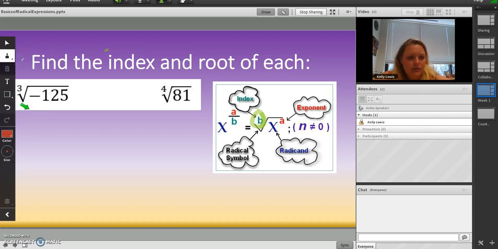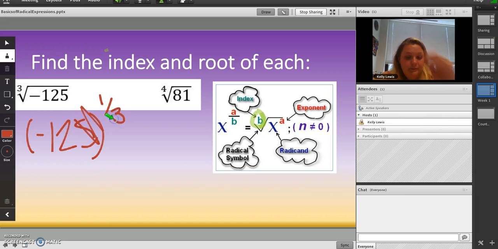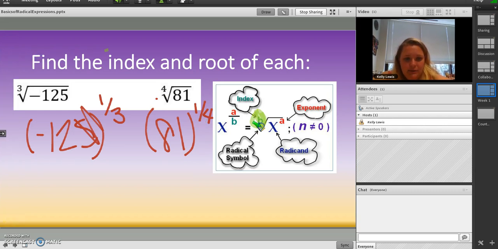All right, so the cubed root of -125 is the same as -125 to the 1/3. Sorry, I didn't mean to scratch it out. And just like the fourth root of 81 is the same as 81 to the 1/4. But they want us to find the index, which is this number right here. So that index is 3.